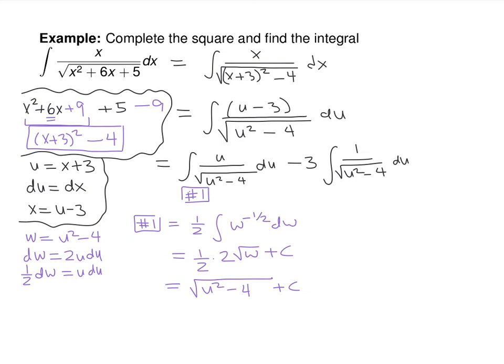And remember that u was x plus 3, so this is the square root of the quantity x plus 3 squared, minus 4 plus some constant c. Or you could say, oh, that junk all squares out to x squared plus 6x plus 5. So there's the first one.